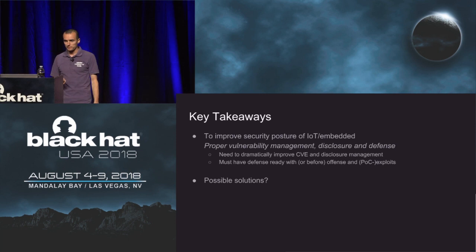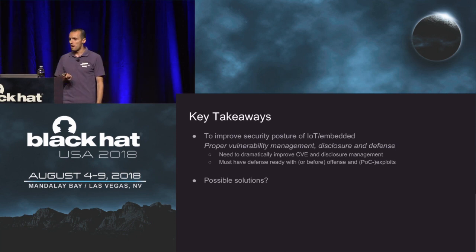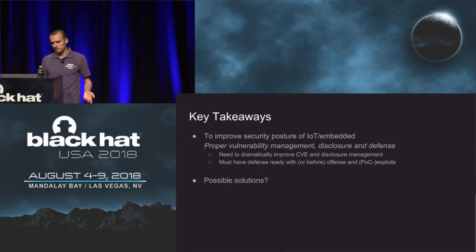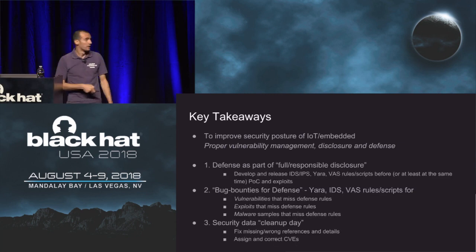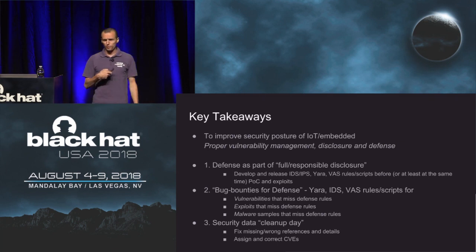Another key takeaway is to improve the security posture of IoT or embedded devices. We think that proper vulnerability management, disclosure, and defense, I think everybody thinks this, but in practice it somehow still doesn't work 100%. So we need to dramatically improve CVE and disclosure management. Some possible solutions could be to integrate the defense part as part of a full or responsible disclosure.